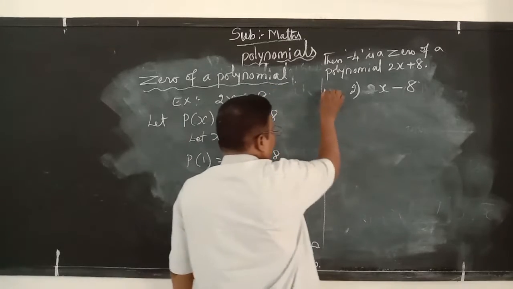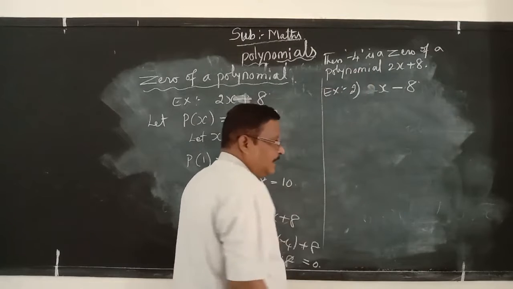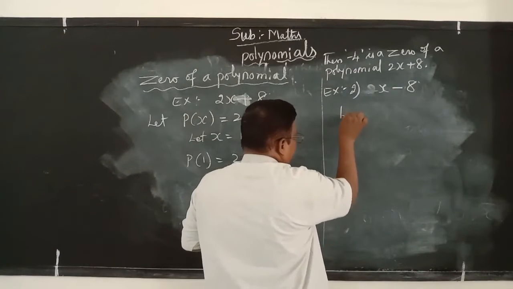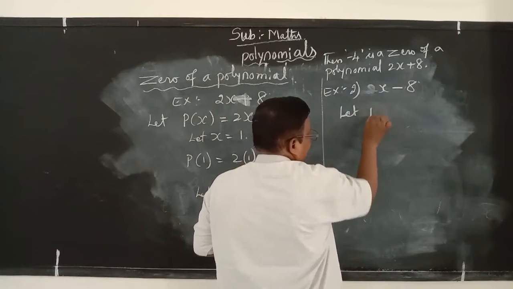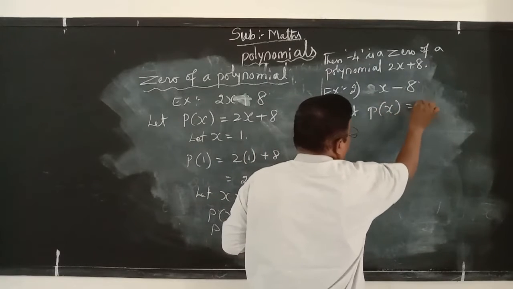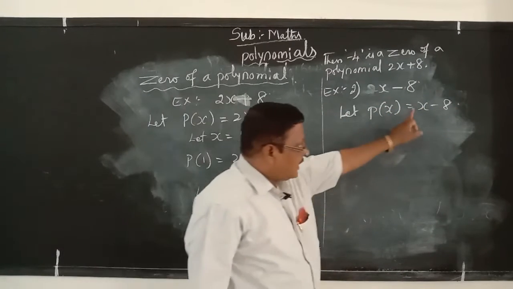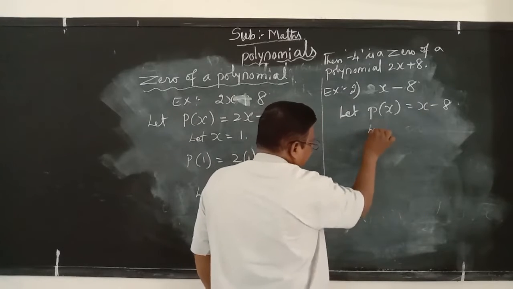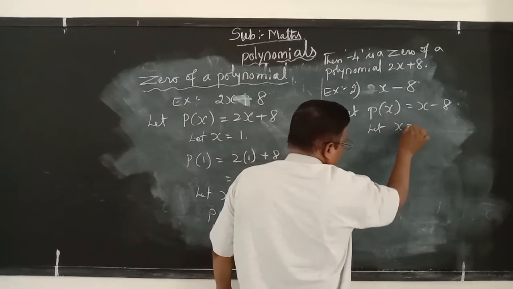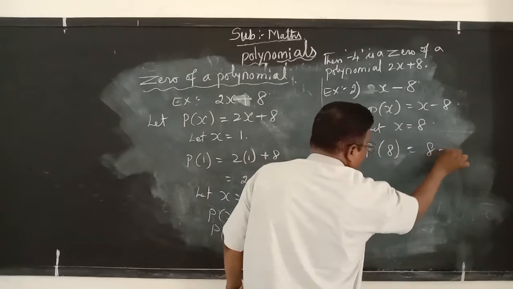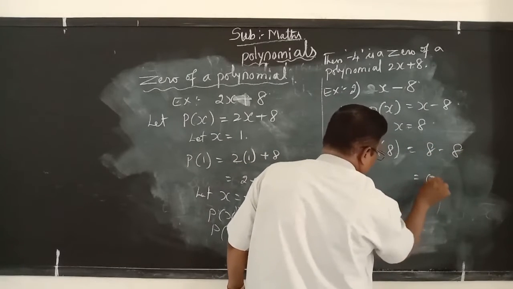Example number 2. Here x minus 8. Suppose let p of x is equal to x minus 8. Let x is equal to 8. P of 8 is equal to 8 minus 8 is equal to 0.